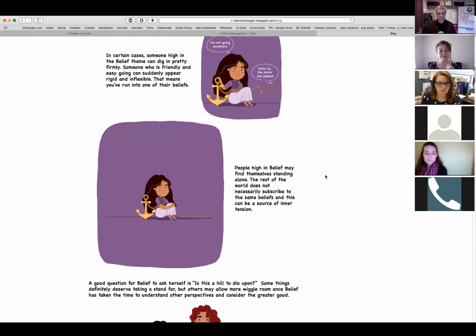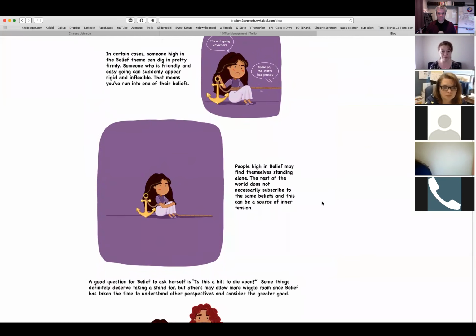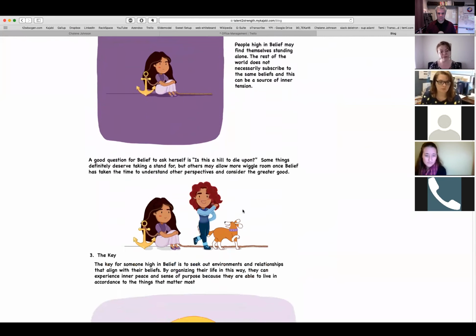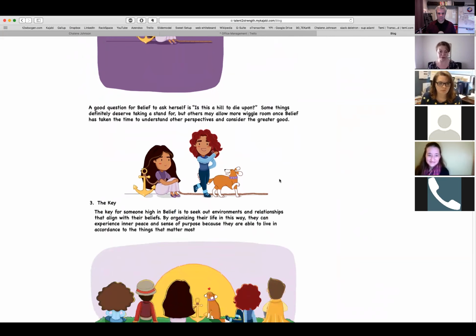People high in Belief may find themselves standing alone, as the rest of the world does not necessarily subscribe to the same beliefs, and this can be a source of inner tension, potentially. So a good question for Belief, if this is a rut that one finds oneself in, is to ask herself, is this a hill to die on? Some things definitely deserve taking a stand for, but others may allow more wiggle room once Belief has taken the time to understand other perspectives and consider the greater good.